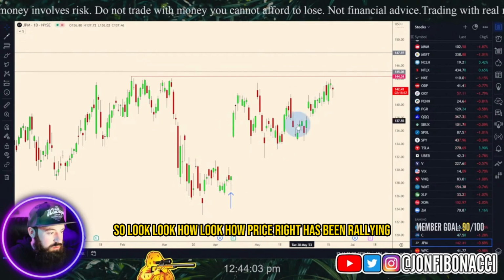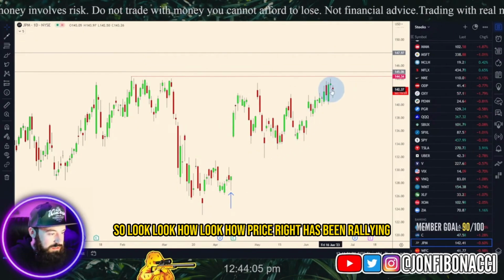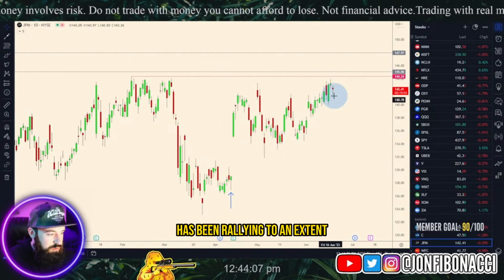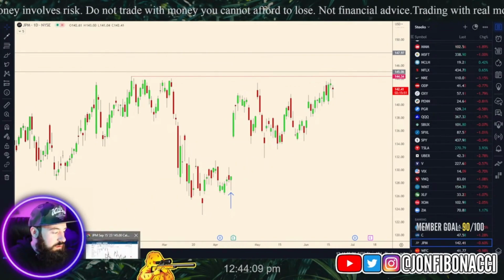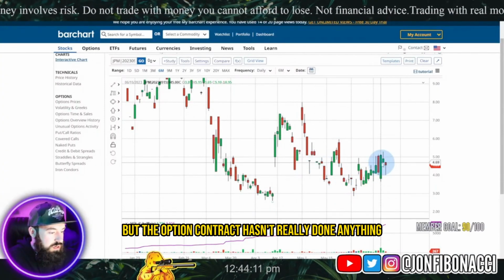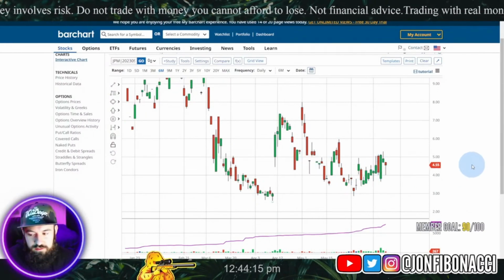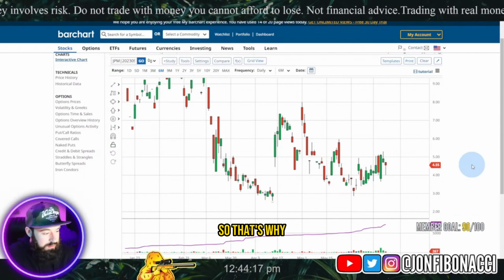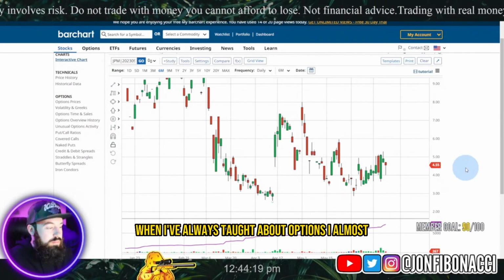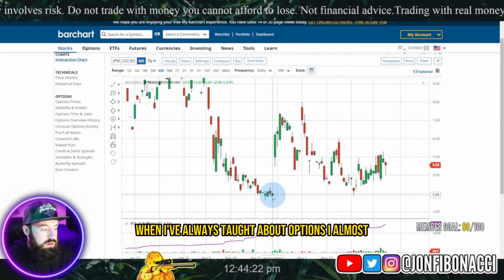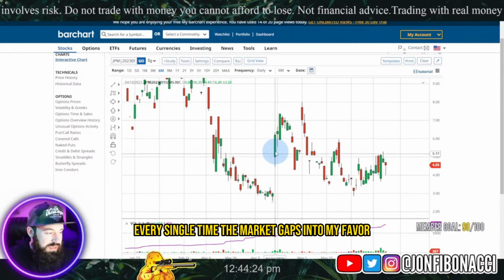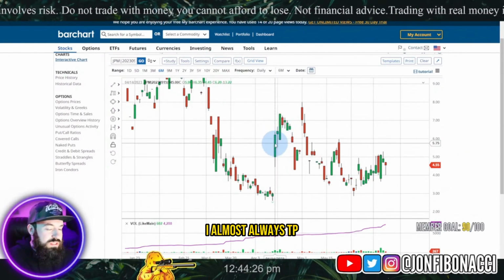So look how price, right, has been rallying. It's been rallying to an extent, but the option contract hasn't really done anything. It's been rather stagnant. So that's why when I've always taught about options, almost every single time the market gaps into my favor, I almost always TP.